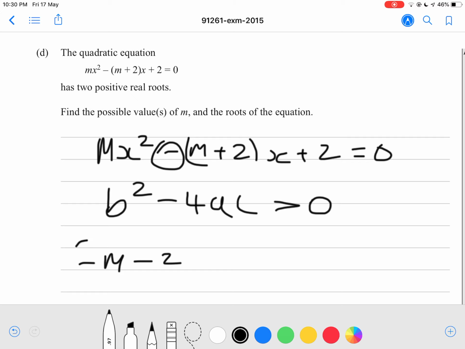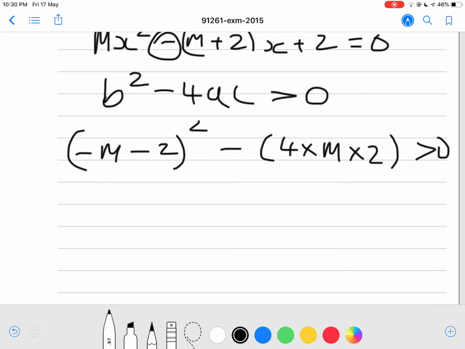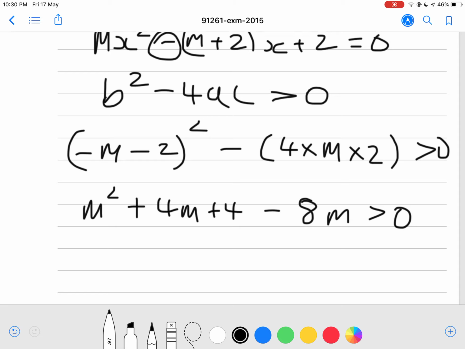So you get negative (m plus 2) squared minus 4 times m times 2 is greater than 0. So this squared is m squared plus 4m plus 4, minus 8m, is greater than 0. So m squared minus 4m plus 4 is greater than 0.